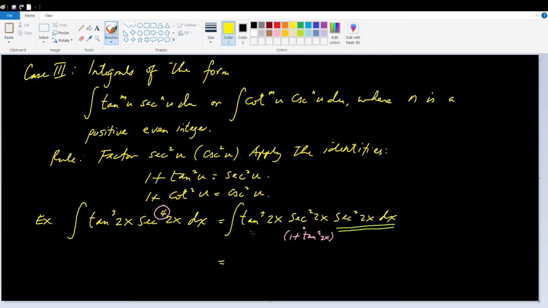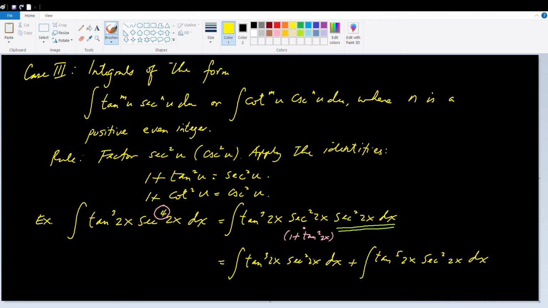Then we distribute tangent cube 2x to 1 plus tangent squared 2x. So that becomes tangent cube times 1 is tangent cube 2x secant squared 2x dx. So we're now writing this as two integrals. So plus tangent cube times tangent squared gives us tangent to the fifth 2x and secant squared 2x dx.